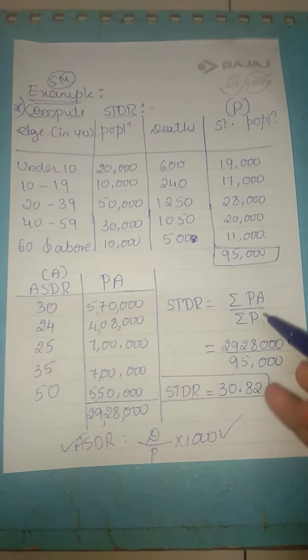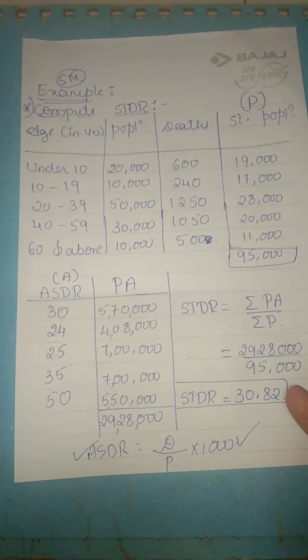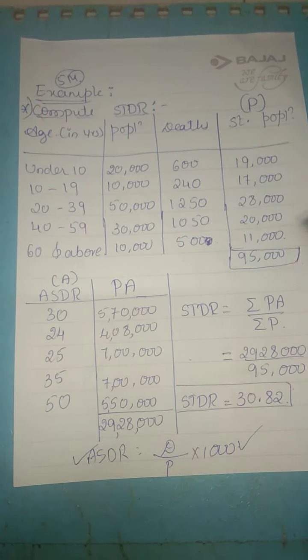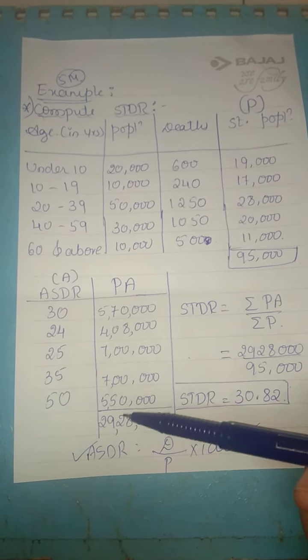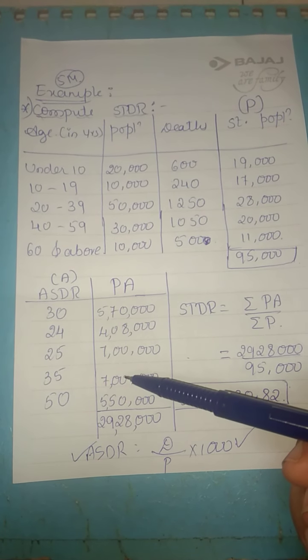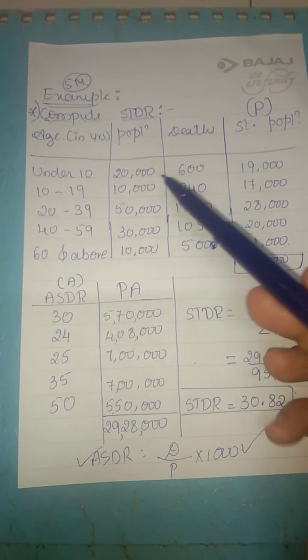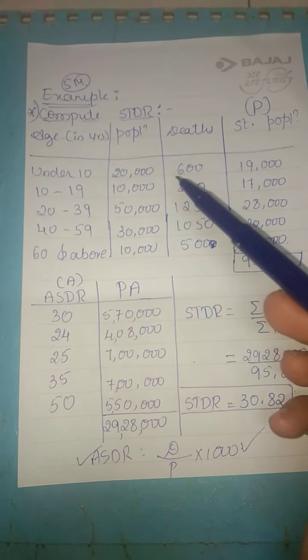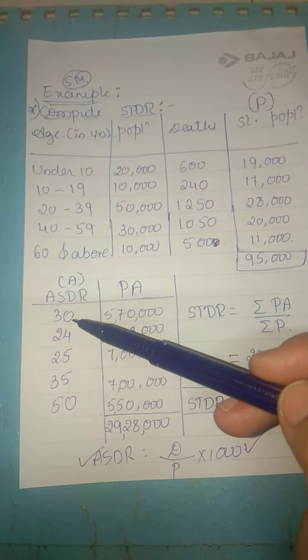And remember one thing, don't multiply this by 1000 again. These columns will be given, and you have to make two columns again. This is ASDR, deaths by population into 1000. 600 divided by 20,000 into 1000 will give you 30.